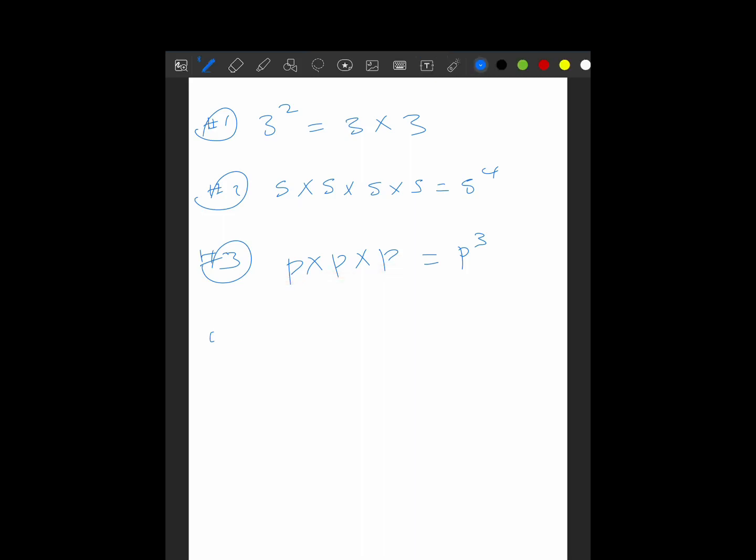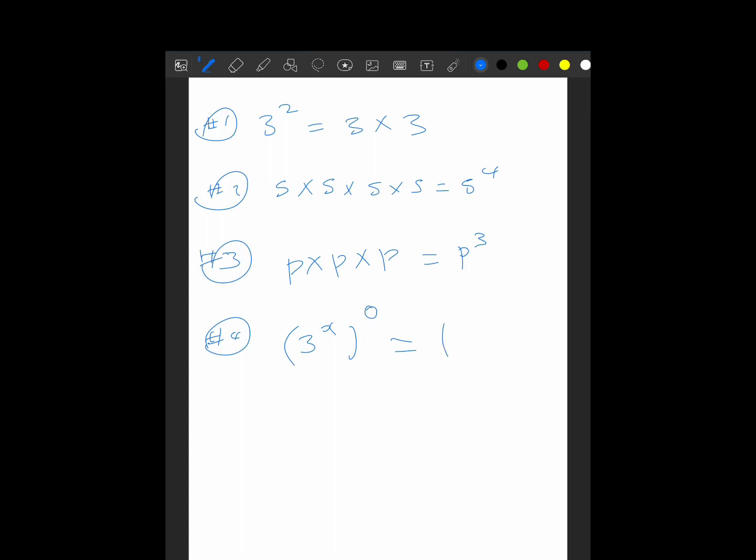Then number 4, let's say 3x power 0. Anything, according to these identities, power 0 is equal to 1.